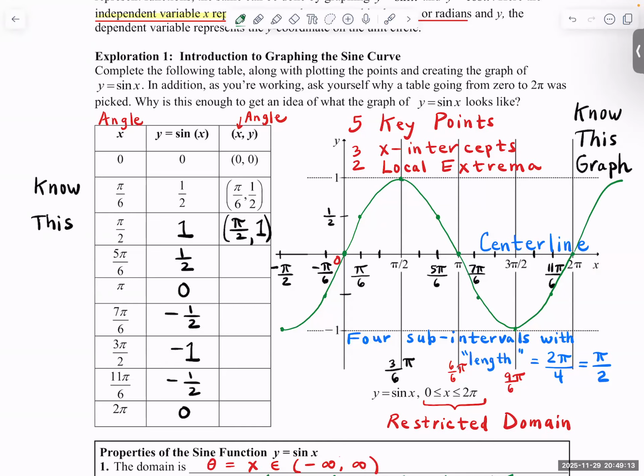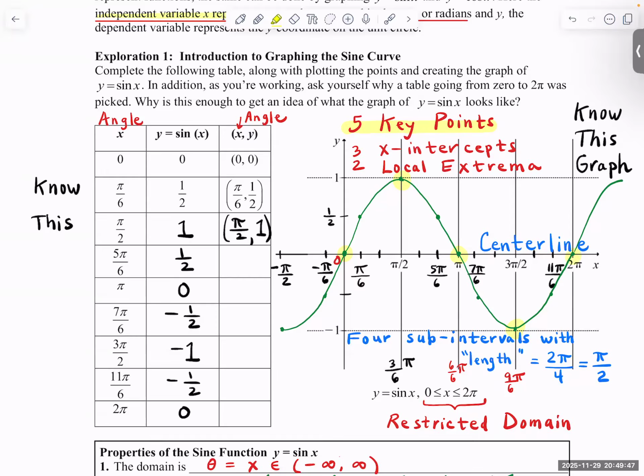Now, there are what are called 5 key points. The 5 key points are the origin, the local max at pi over 2, 1, the function zero at pi, which gives a function value of 0, and 3 pi over 2, function value is negative 1, is the 4th key point, the local min.